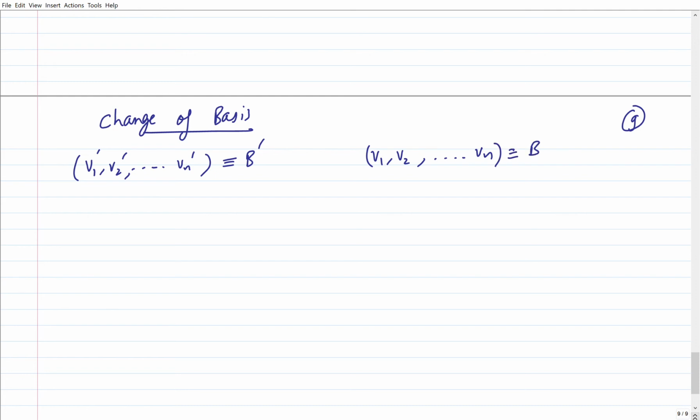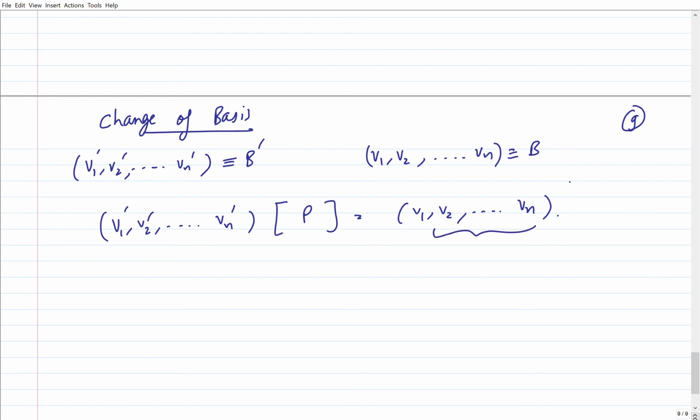Now, how do I go from one of them to the other? Well, the idea is that I define a matrix which does the job. This matrix P takes this basis to the other basis B.